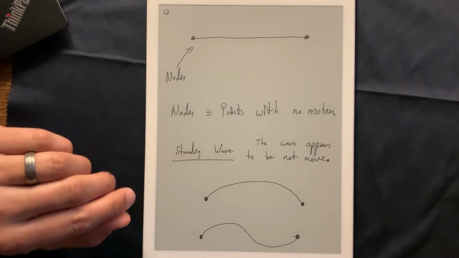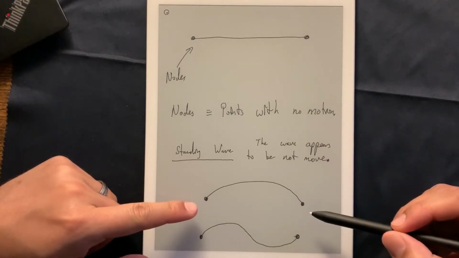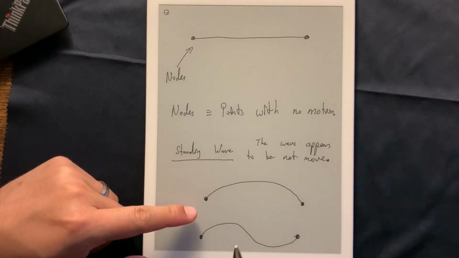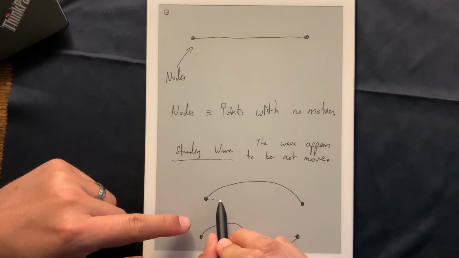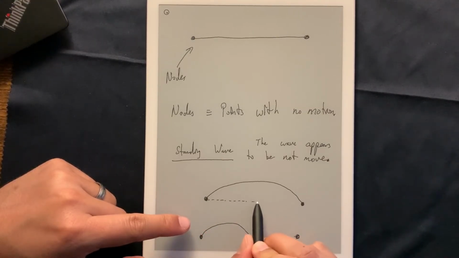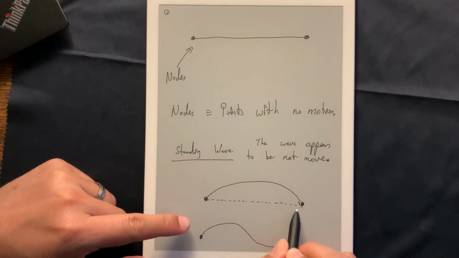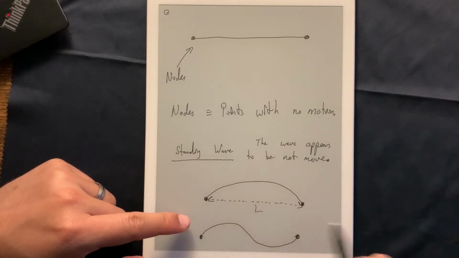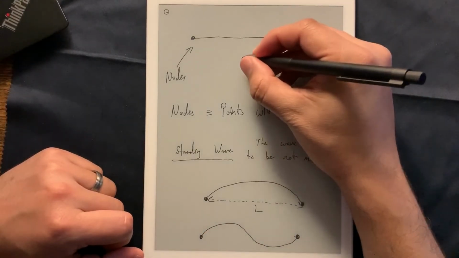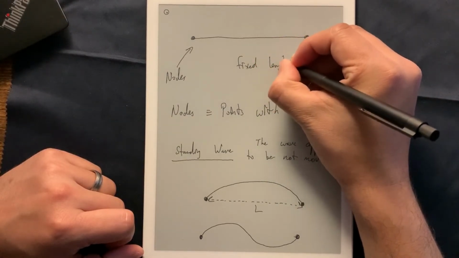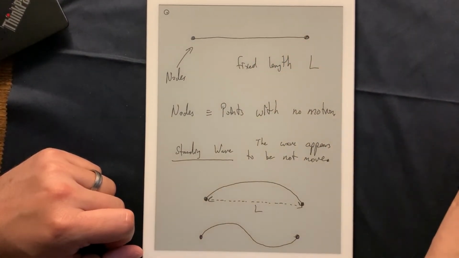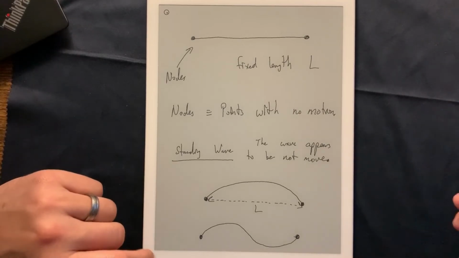But the biggest thing is that when you fix the length between the nodes, you'll get certain standing waves that can show up based on that length between them. And this length here is called L, a fixed length L.